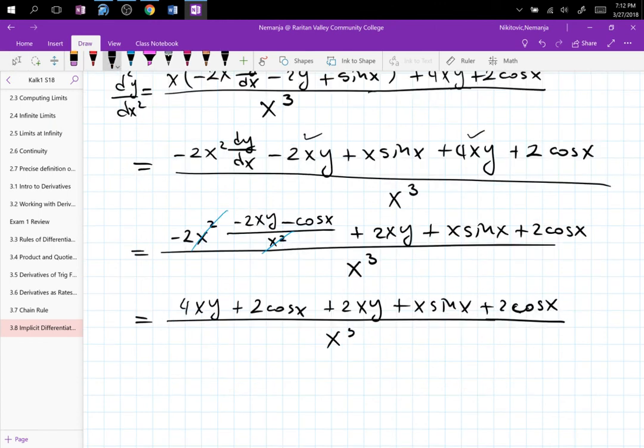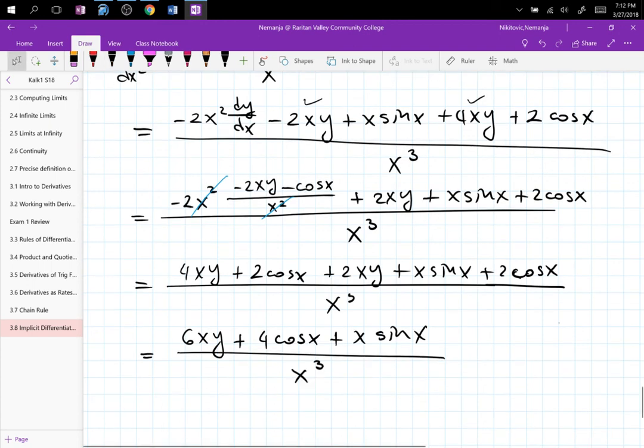Well, a lot of common terms here. We have 4 plus 2 is 6xy plus 4 cosine x plus x sine x divided by x cubed. There it is.